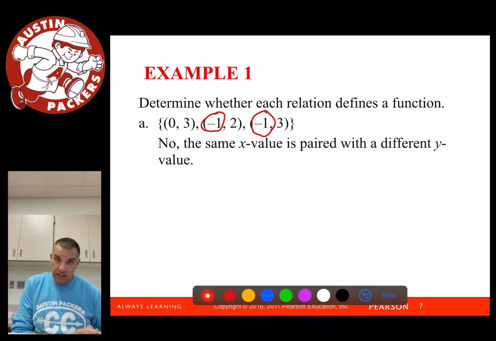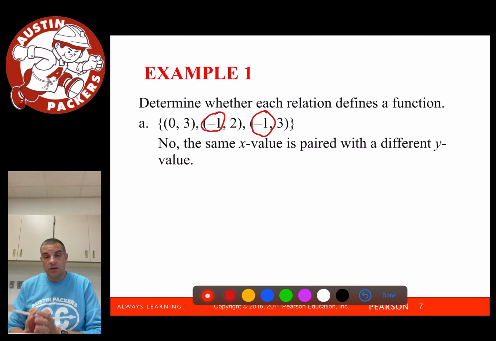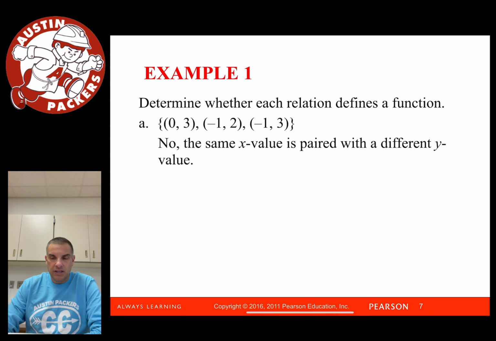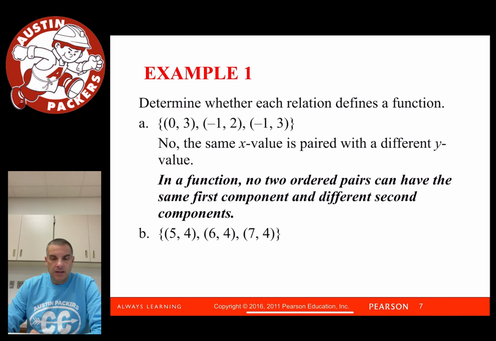It's still a relation, but it's not a function because that x value is paired with different y values. If we look at the second one, (5, 4), (6, 4), and (7, 4), we want to know if that is a function or not.